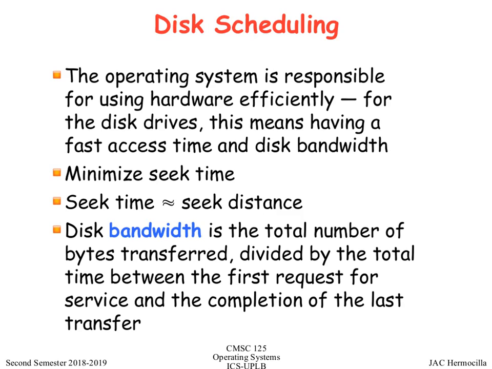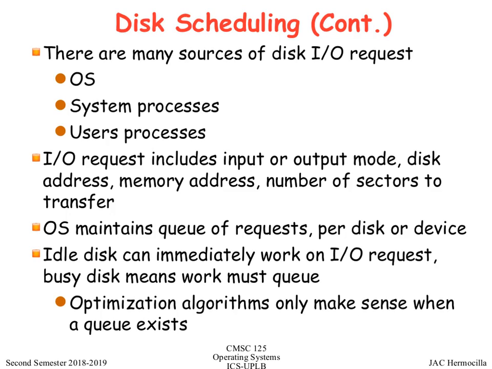So remember, pag nag-copy kayo ng malaking file, makikita nyo yun, sa USB, di ba? Meron yan Mbps per second. Okay? So yun yung transfer rate doon, and the total doon, that will be the bandwidth. Okay? So yun. So, there are many sources of disk I/O requests. I'll show this later. Okay?